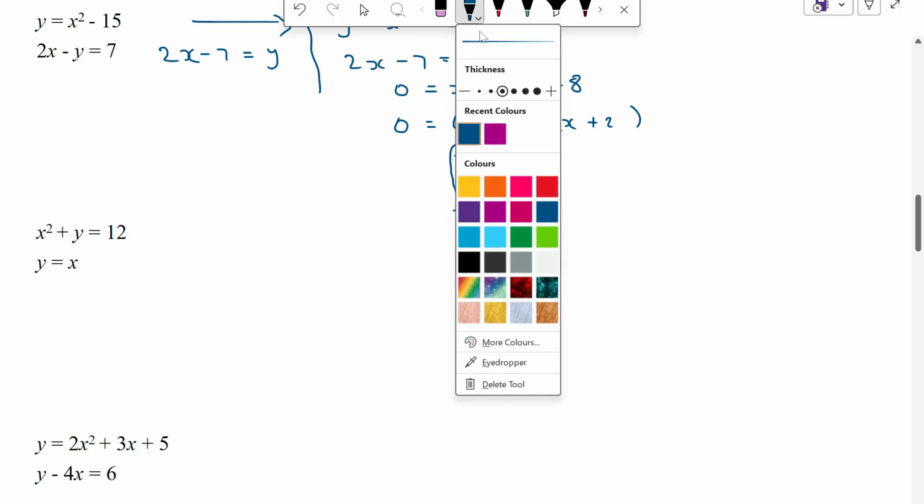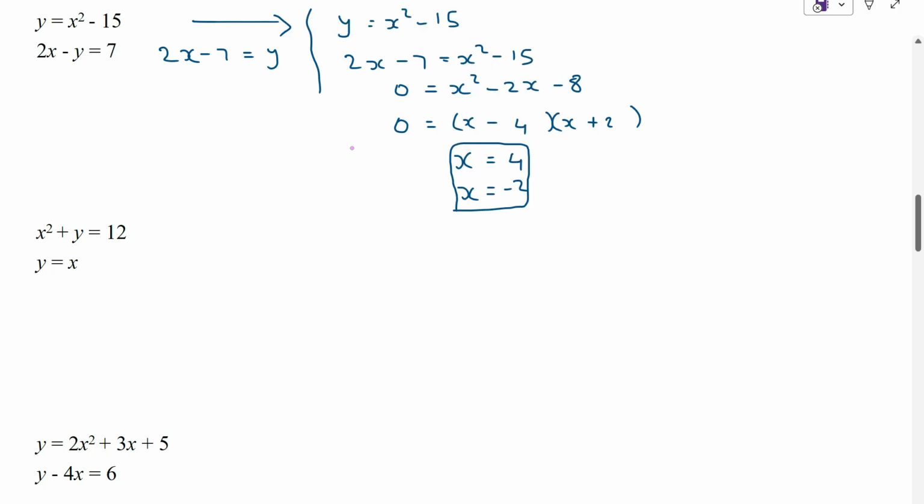So now using our original linear equation, let's work out the values for y. So y equals 2 multiplied by x minus 7. This will give us the two corresponding values for y.